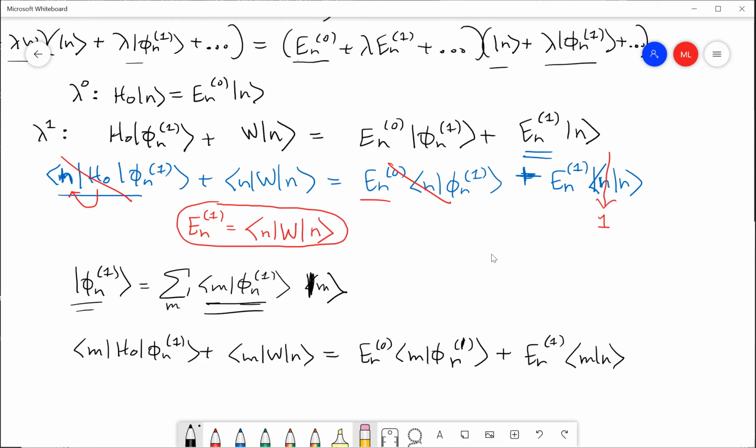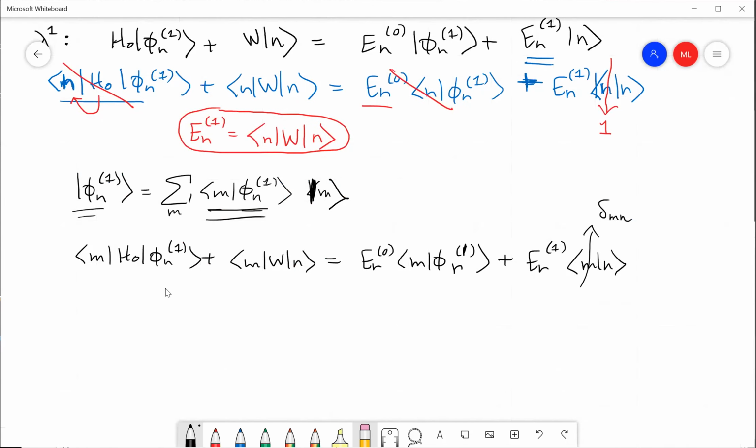Okay, so you have to be careful. This <m|n> gives you a Kronecker delta. It's either 0 or 1. It's 0 if m is not equal to n. If m is equal to n, then it's 1. And so we can now solve for these coefficients. This H_0 can again act on the left, pull out a factor of E_m^0, the unperturbed eigenvalue.